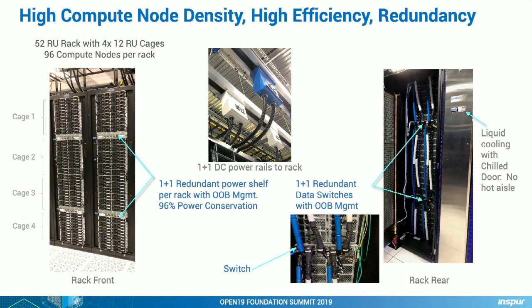And you get a liquid cooling chilled door, which makes the LinkedIn Oregon data center very nice to work in. There was no hot aisle. And the 1+1 DC power rail to the rack. So the efficiency is amazing because instead of having power supplies in every server, you have 2 power banks to power 96 servers, which gives you 96% power efficiency.